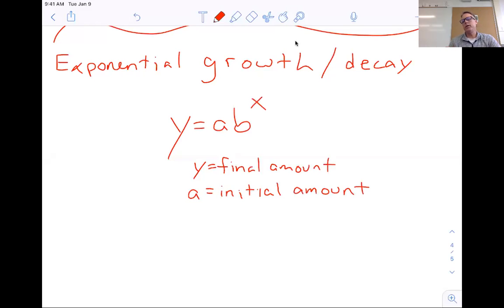B is your rate, but actually I should write it as B is 1 either plus or minus your rate. So if it's growing, it's 1 plus your rate, and if it's decaying, it's 1 minus your rate. And X is oftentimes time, and will be in the ones that we do for now.